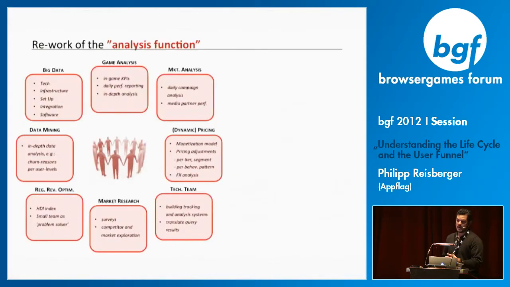This is just an example of how the overall analysis function could look. And you see, if you have just 2 marketing guys that do 25% of analysis work, there's no way that they can really take care of all of these different aspects. Unfortunately, I can't dive deep into it because every aspect here could be its own talk. So what you basically need is 2 things.